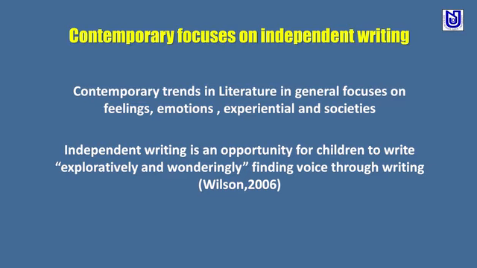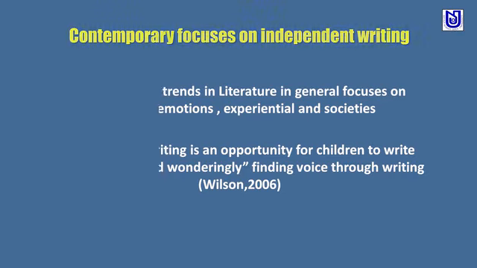This is what Wilson said. So just relate those two: a child explores and wanders through the world, and his or her emotions, feelings, experience are turned into written words, and that person becomes an independent writer. The truer you get, the more contemporary you get.